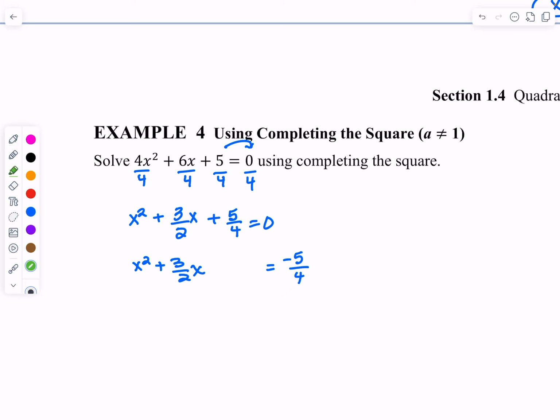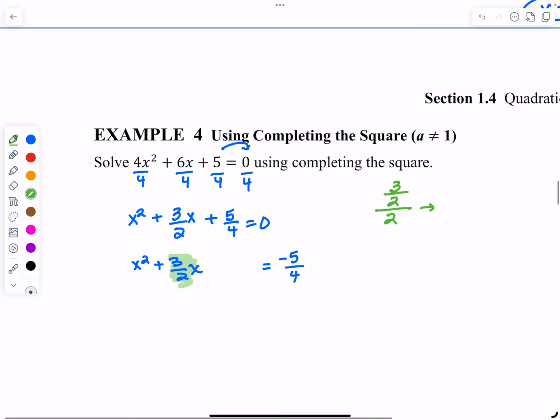So now I'm going to take this guy, 3/2, and I'm going to half it. Now let's talk about how to half a fraction. If I have 3/2 and I want to half it, divide it by 2, well, that looks pretty yucky, right? So that's really 3/2 divided by 2, and I could write division with a regular old division sign from elementary school. Remember, when you divide with fractions, you keep this one, you change that to a multiplication, and then you find the reciprocal.